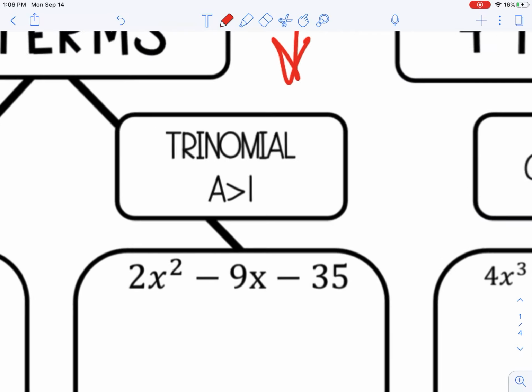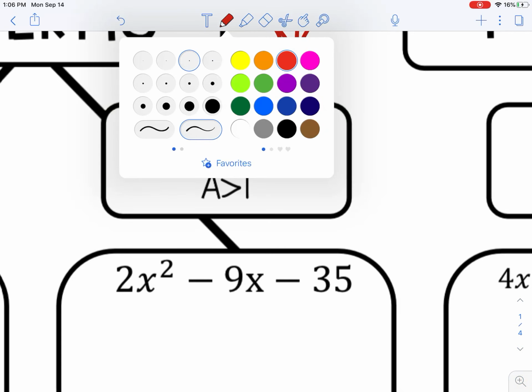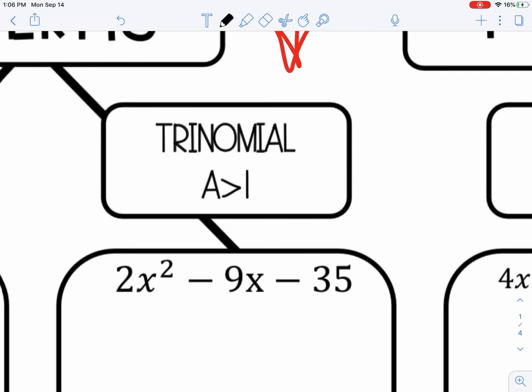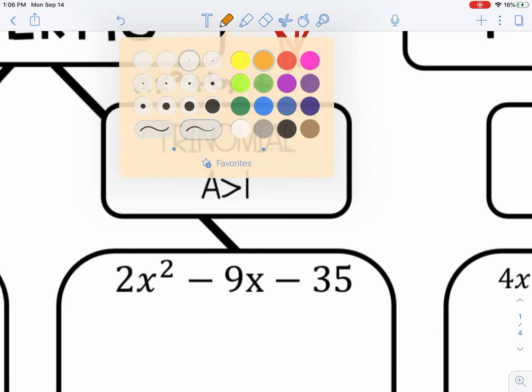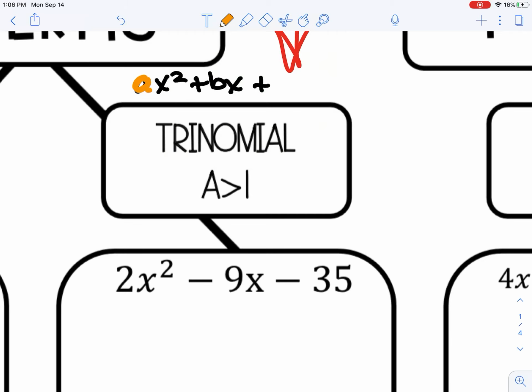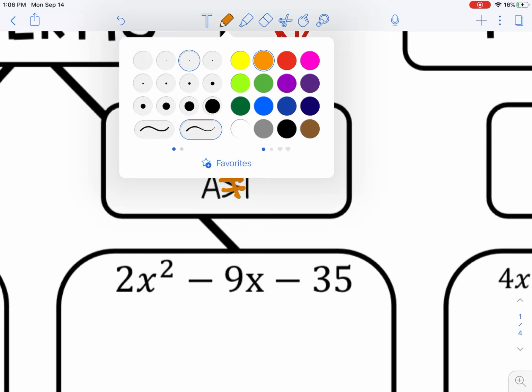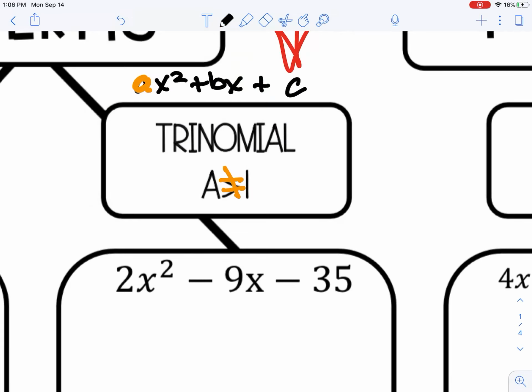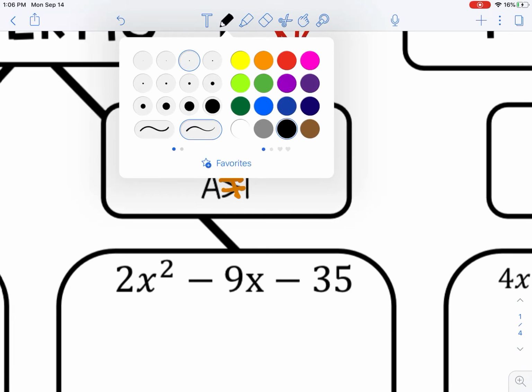So for example, let's say we had ax squared plus bx plus c. We're looking for this value of a where a is not equal to 1, and not even just greater than, but it could be less than, it could be a fraction, it could be a negative. And here's how we would do that. Oh, almost forgot, this is a c.